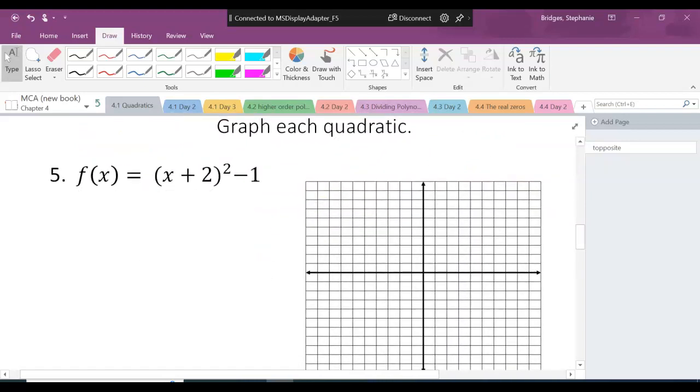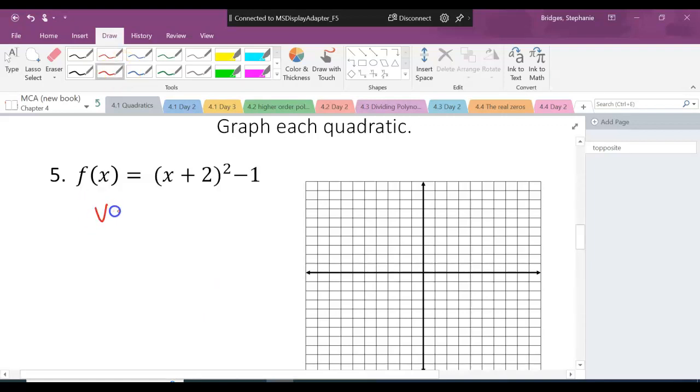The very first thing I want you to do is see what your vertex is. All right, so let's start with the vertex.